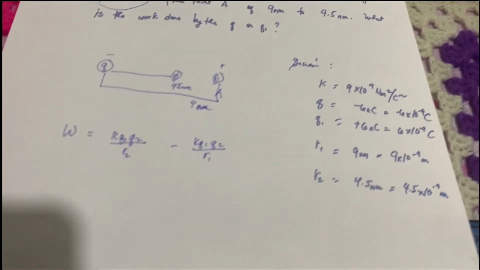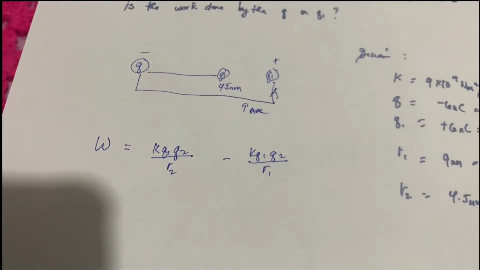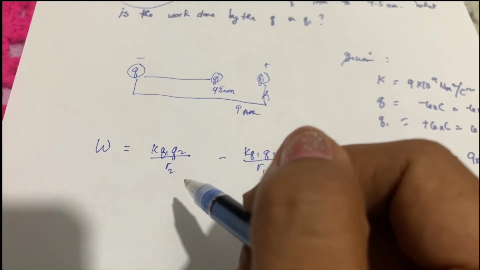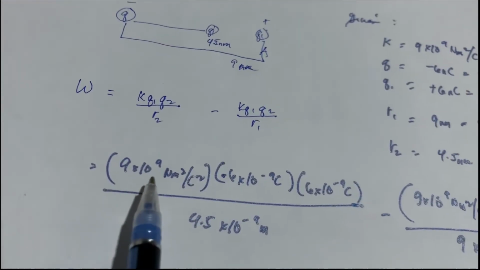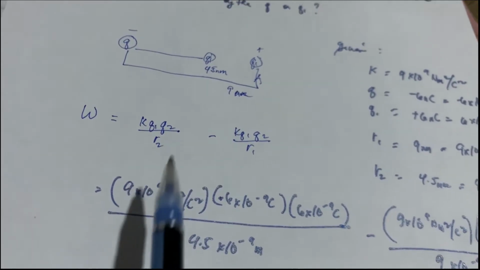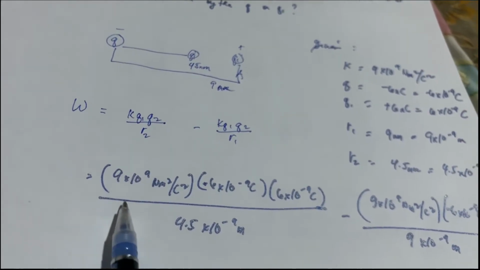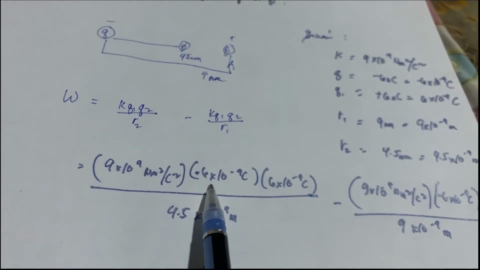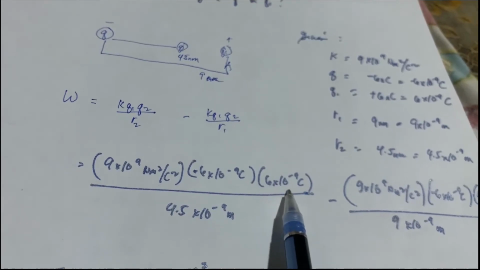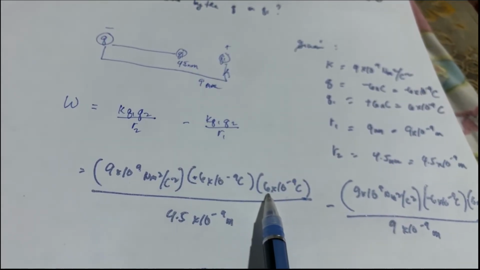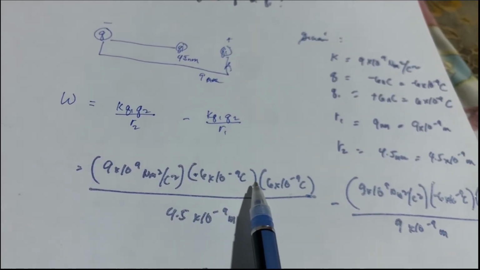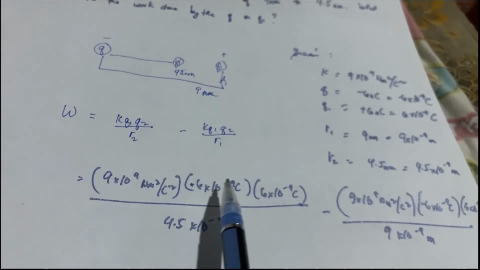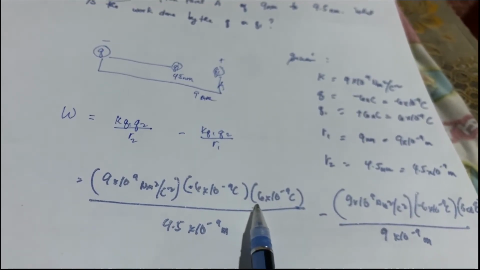So, our given is complete. Let's put it here in our formula. I already have inputted all the given. Okay, so our K constant here, 9 times 10 to the 9 Newton meter square per coulomb square, times our Q1 and Q2, which are the same value, 6 by 10 to the negative 9 coulomb. The other one here is negatively charged and the other one is positively charged.